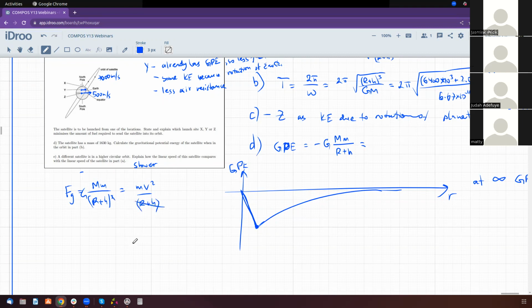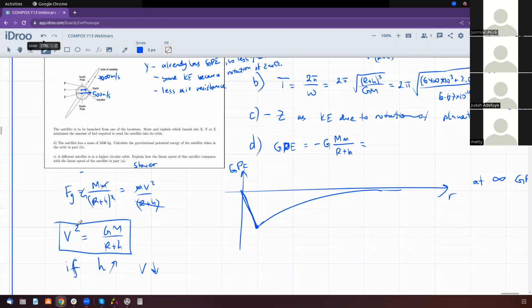So m cancels, and you can see that v squared is equal to GM over (R plus H). Therefore, if H is bigger, v is smaller. Yes, if H increases, v decreases. Okay.